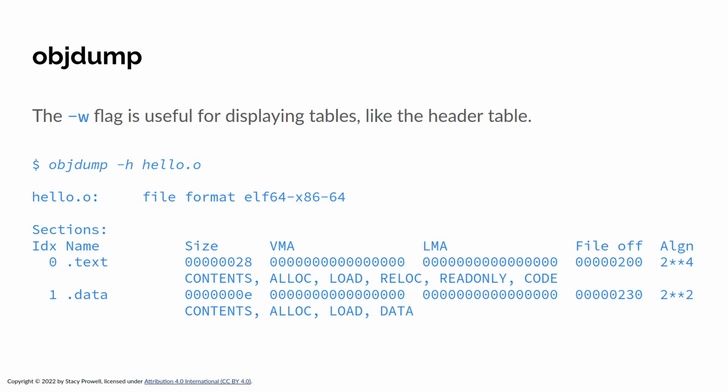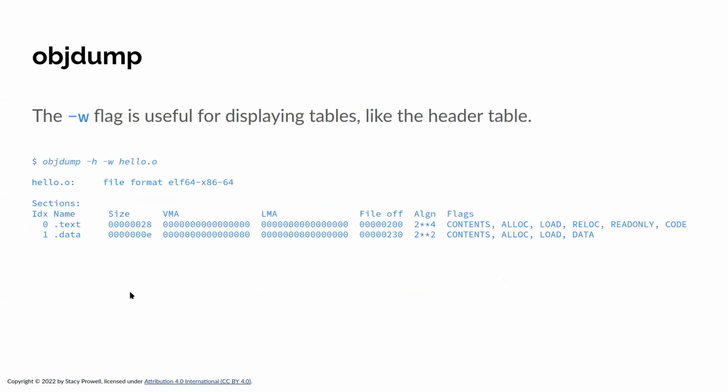Those tables can have a lot of fields. And as a result, what objdump does is it wraps it. So you see here, it's got two lines for this one entry, .text, and then two lines for this entry, .data. If you use the -W and you have a wide enough screen, you can make the table look a lot nicer and make a wide table. It's good for wide consoles. It's less good for slides.